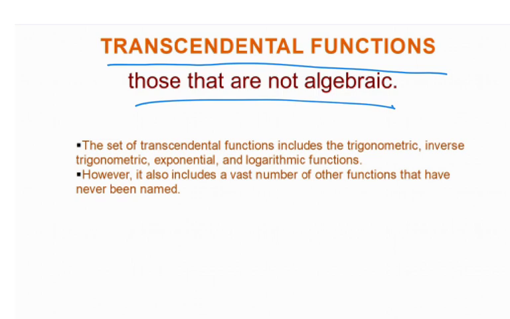So the ones that we just looked at include trigonometric, inverse trigonometric, exponential, logarithmic functions, and many others that have never been named, just like the algebraic ones. The ones that we knew were included, but there were a bunch of other ones as well.